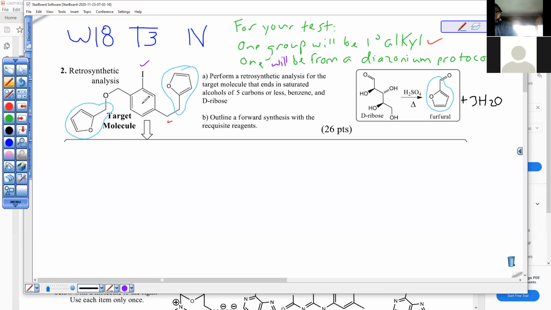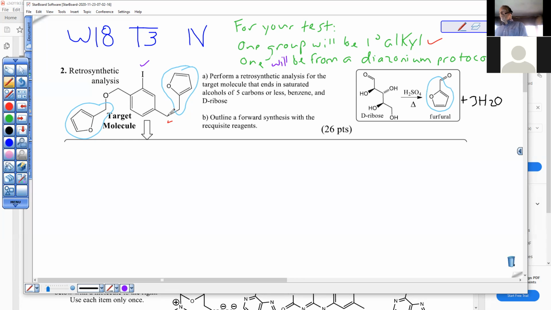So I can take advantage of this being a primary group to put this group on more towards the end of the synthesis. Then you have to remember what we just talked about in our first segment. You can't put a primary carbon group directly on benzene. This carbon here used to be a carbonyl, and I've got good news about that too. A carbonyl is a meta-director.